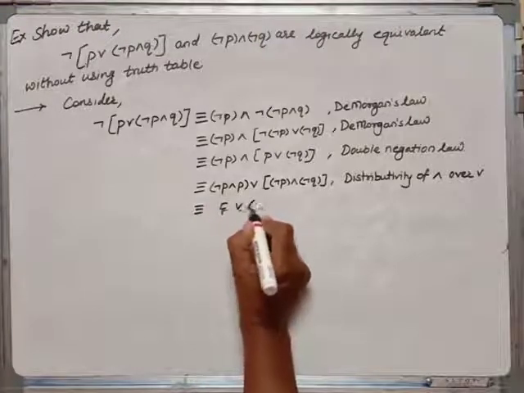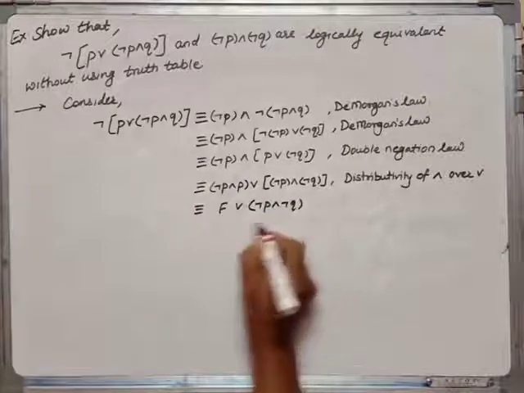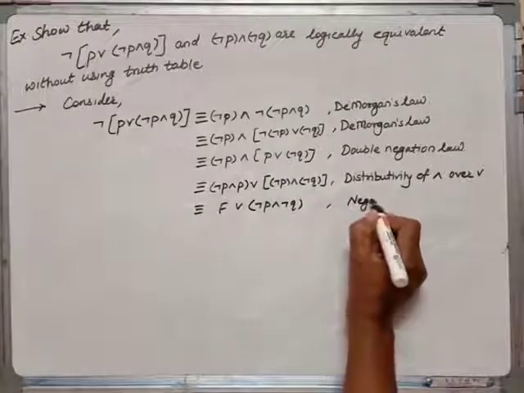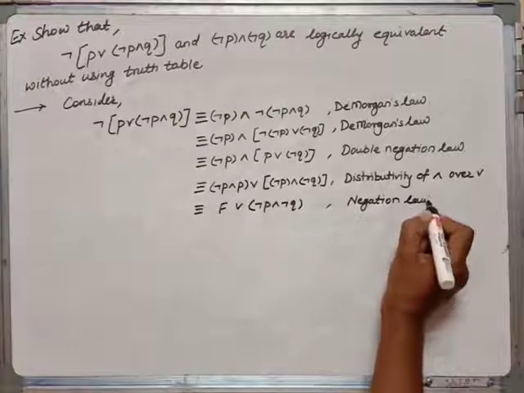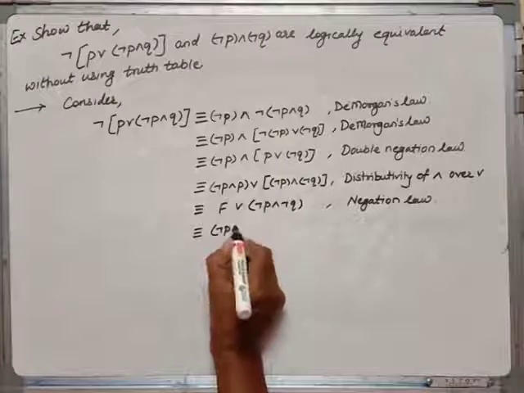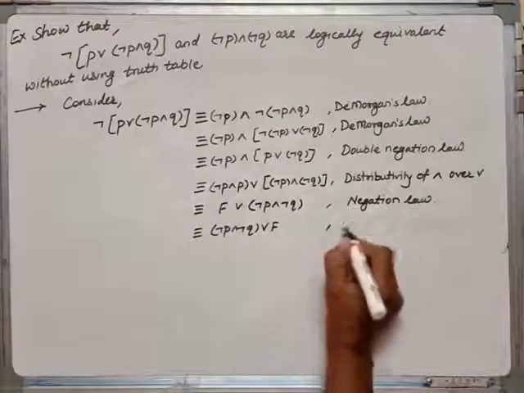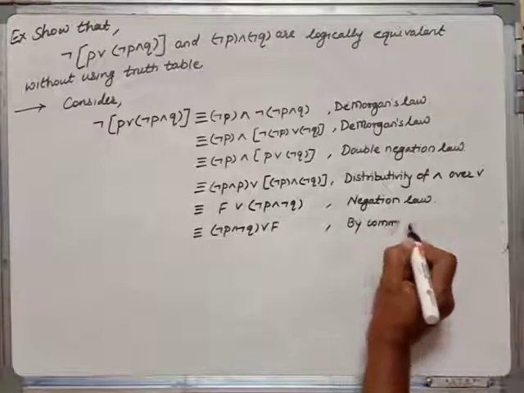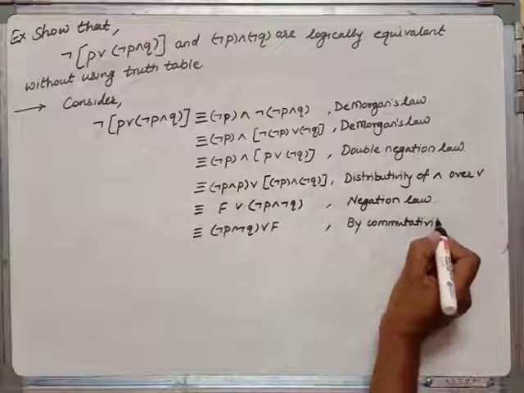Or here I get negation P and negation Q. Now this can be written as negation P and negation Q or false, by commutativity.